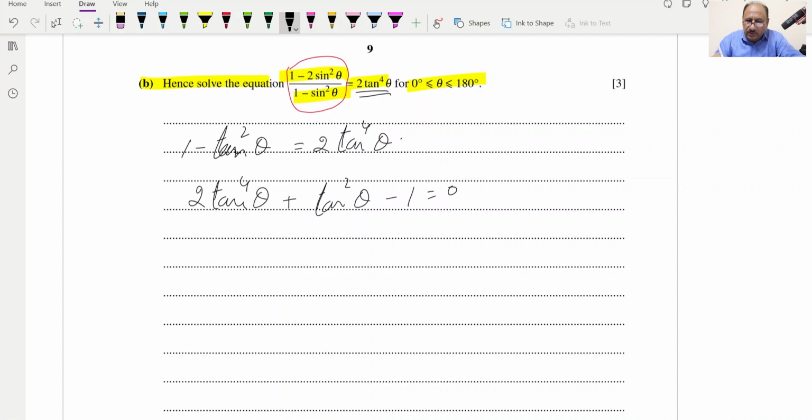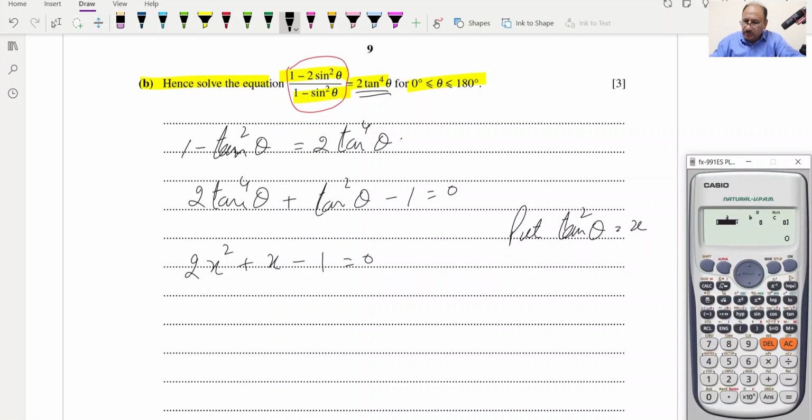Now we can form it as a quadratic equation. So put tan squared theta equal to, for example, x. So 2x squared plus x minus 1 equal to 0, and we can solve this quadratic equation.